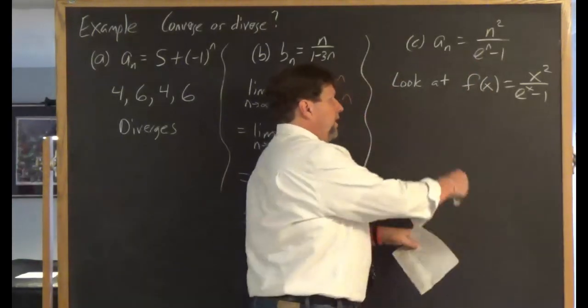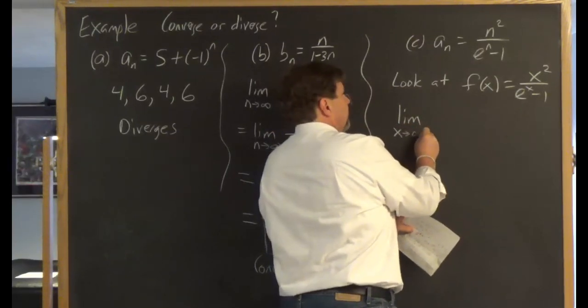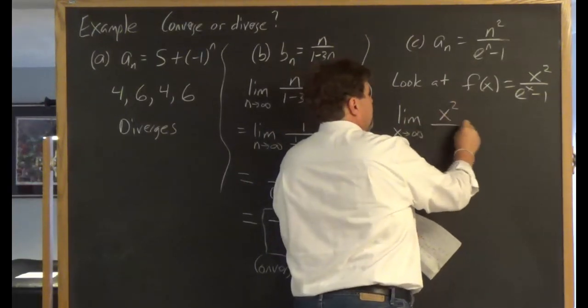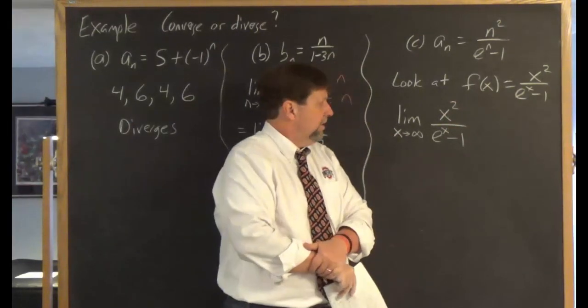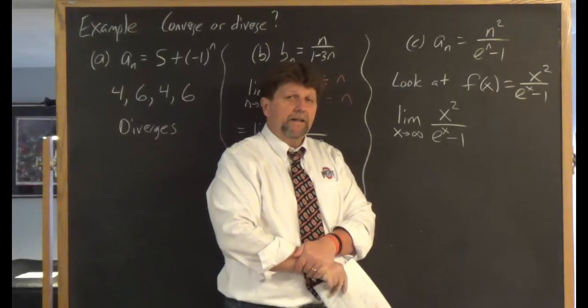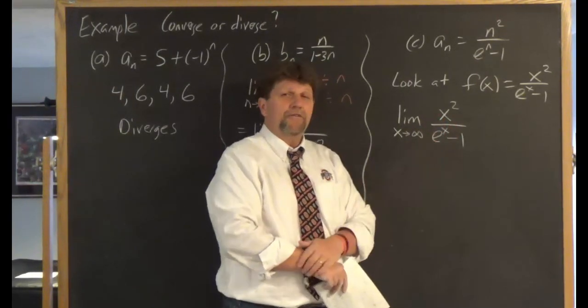So why don't we look at the limit as x goes to infinity of x squared over e to the x minus 1? That looks kind of familiar to me. It looks like it has the form infinity over infinity.